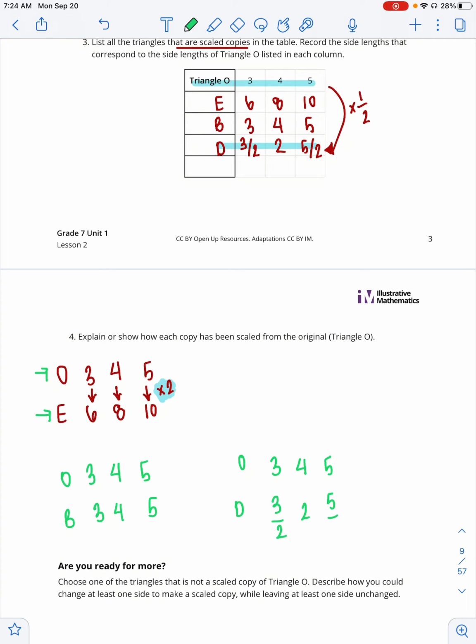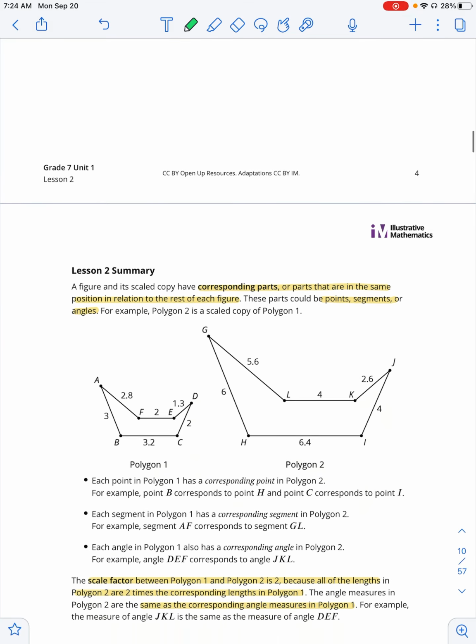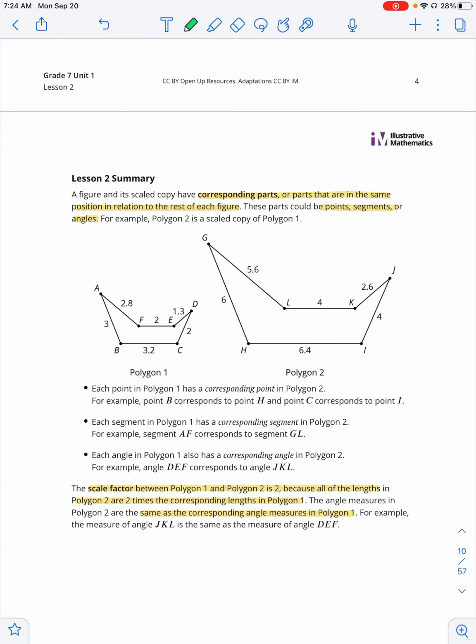We'll recap the lesson. A figure and its scale copy have corresponding parts, or parts that are in the same position in relation to the rest of the figure. So A and B are corresponding line segments, corresponding points, are corresponding angles.